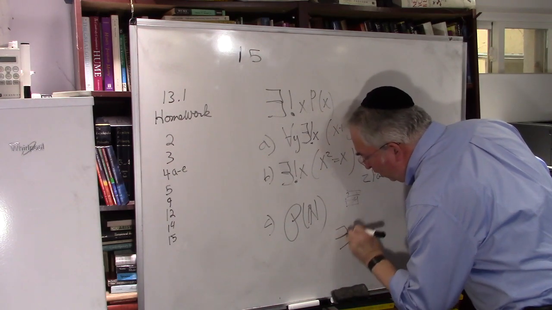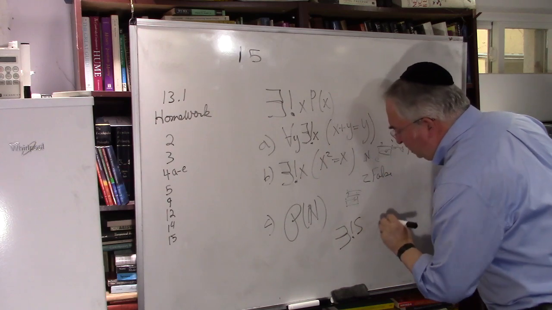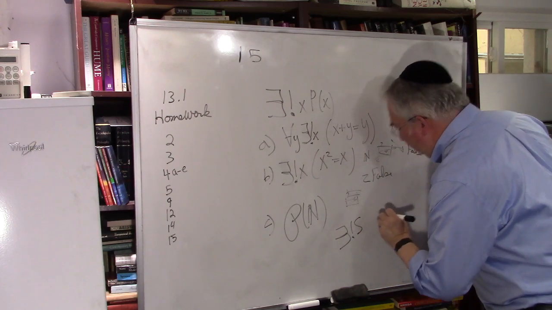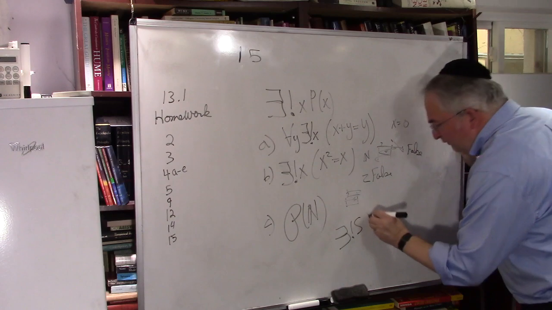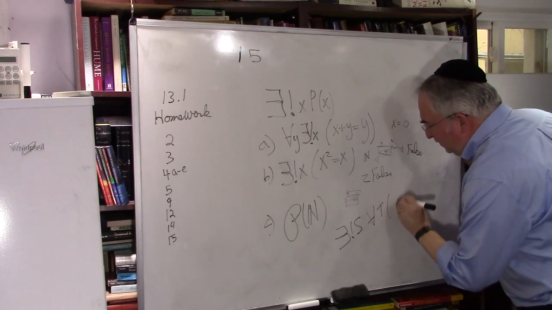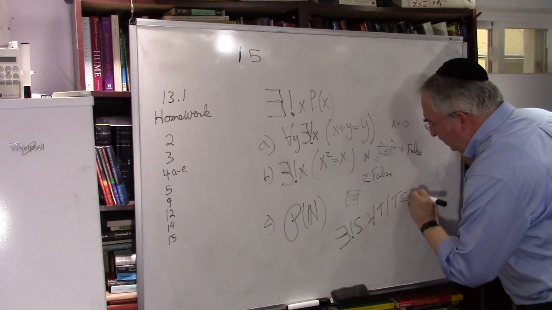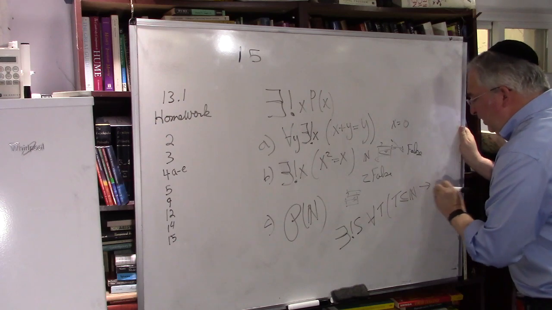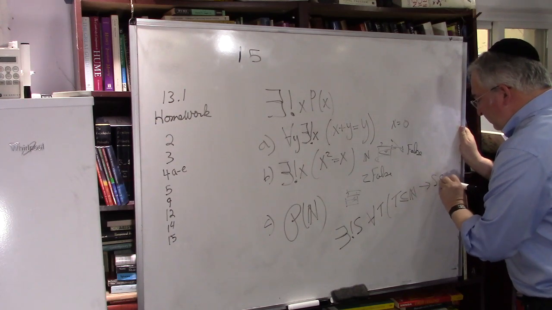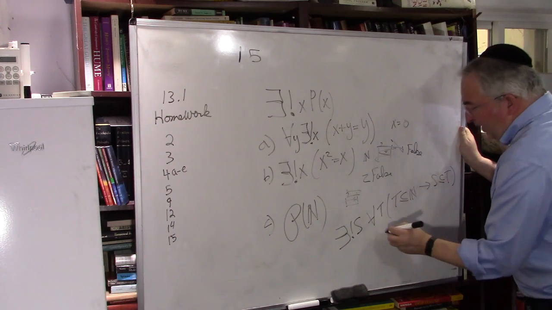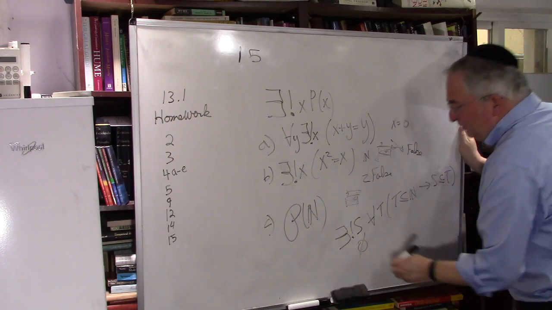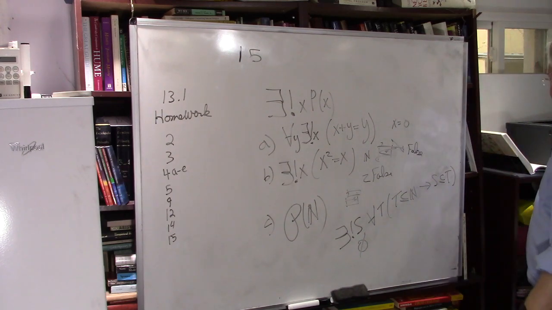There exists one set S such that for all T, T a subset of the natural numbers implies S is a subset of T. And that one set is the empty set. The empty set is a subset of every other set.